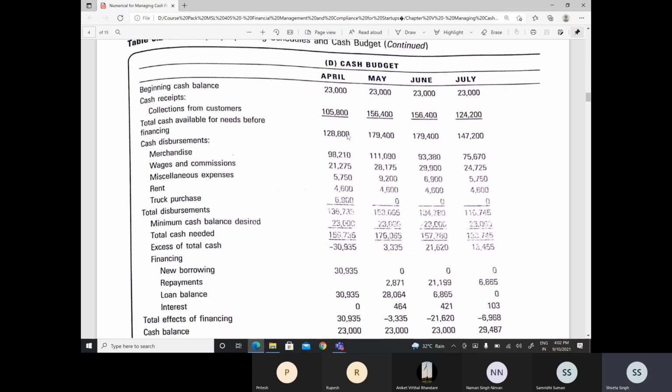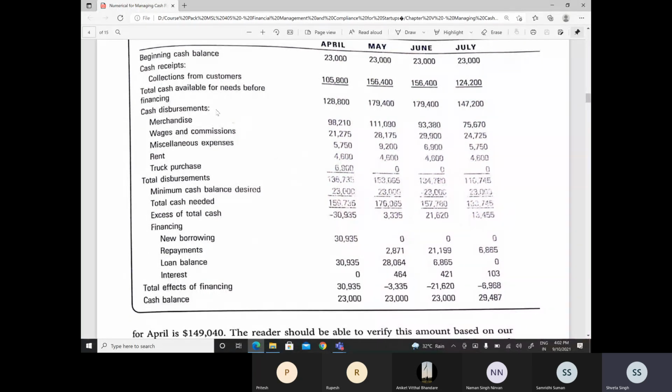Okay. Then we look at all the cash disbursements, or how the cash is being spent. So we have merchandise purchases of 98,210 in April, 111,090 in May, 93,380 in June, 75,670 in July. Then we have wages and commissions. Our basic expenditure heads are material, labor, and you may have other miscellaneous expenses as well.